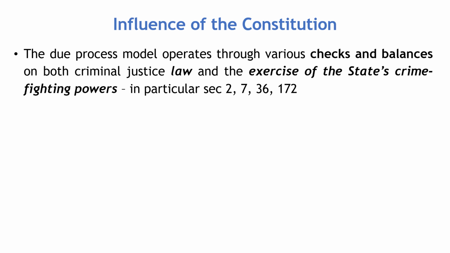These checks and balances ensure not only that substantive and procedural criminal law, in other words, common law principles and legislation, aligns with the Constitution, but more importantly for our purposes, that the state's exercise of crime-fighting powers, which inherently affect constitutional rights of those coming into contact with the criminal justice system, remain within reasonable and constitutionally justifiable limits.